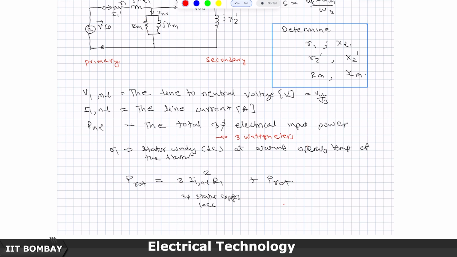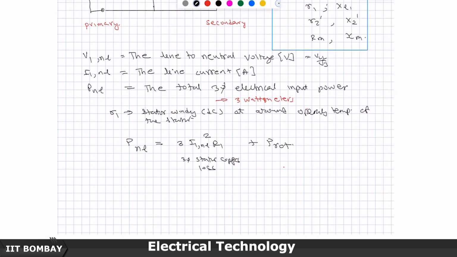But for the time being we can consider it bundled into the rotation loss, which is friction, windage, and then basically PNL can be calculated.